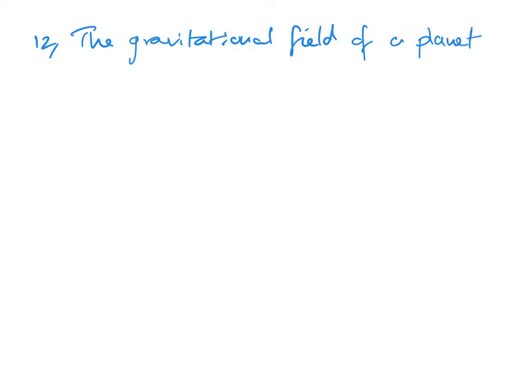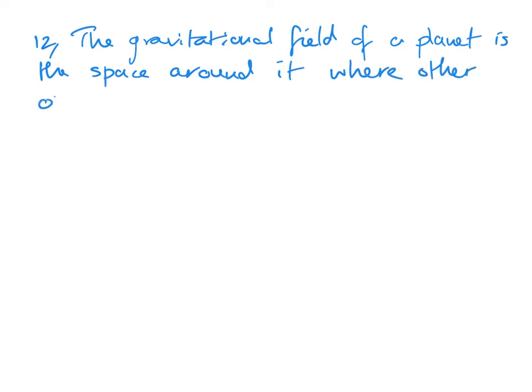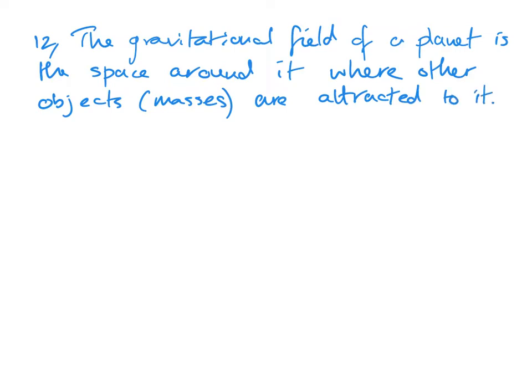Okay, so number 12. The gravitational field of a planet is the space around it where other objects, and I'll put in brackets there, masses, are attracted to it.